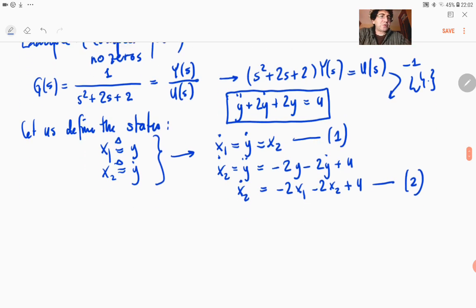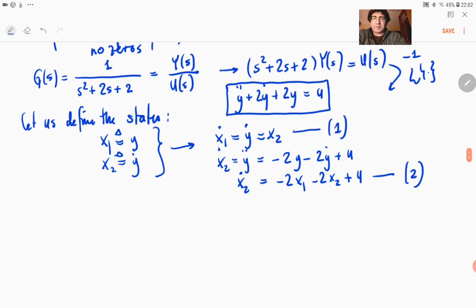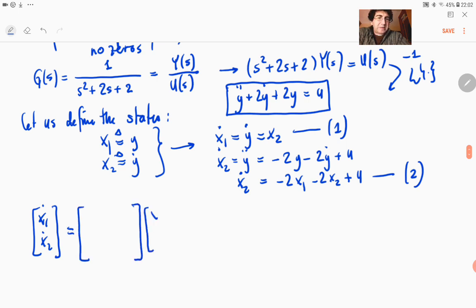Now let me put this into a matrix form. I have x1's derivative and x2's derivative. Here I will have the A matrix, which will multiply x1 and x2, plus the B matrix, which is going to multiply u.